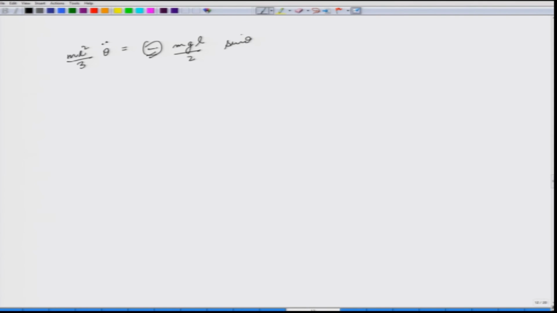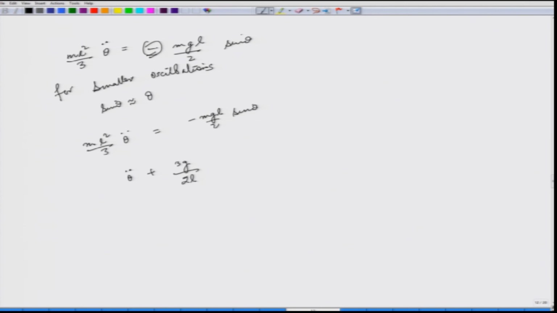Now, for smaller angles, let us say for small oscillations, sin theta is nearly equal to theta. So, this gives me m L square by 3 times theta double dot is minus m g L by 2 theta, which gives me theta double dot plus 3 g by 2 L theta equal to 0.